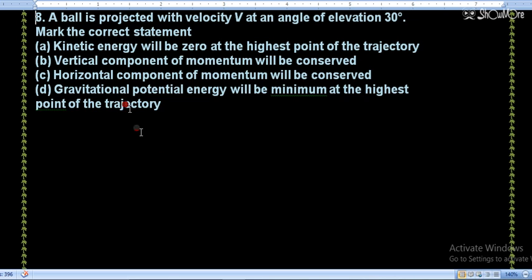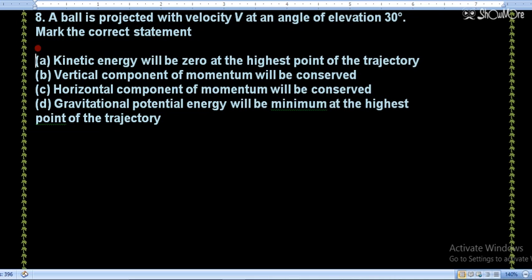You can pause the video and see all the 4 options that are given here, and think about which option can be right according to the question. Read the question carefully and read all the statements also, so you can think about what the answer for question number 8 will be. Try the question and pause the video.